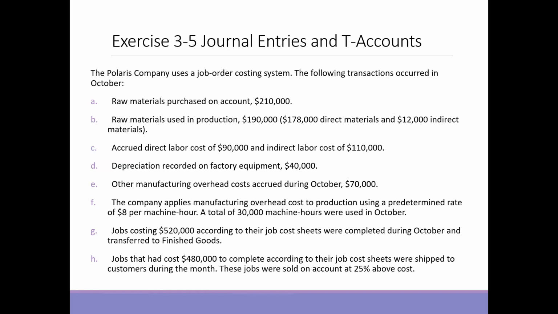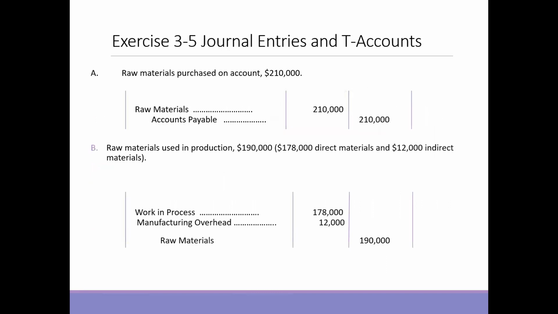Okay, so let's take a minute here. So guys, raw materials purchased on account. Pretty straightforward. We're going to debit our raw materials for 210,000, credit our accounts payable for 210,000. Got it?